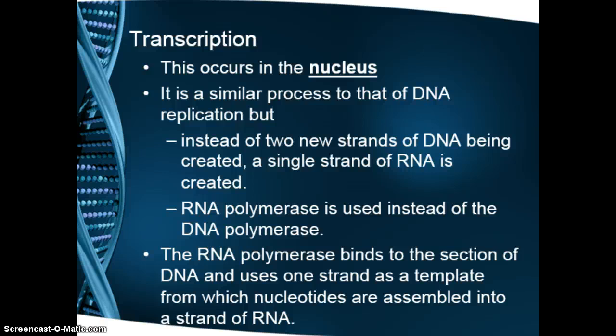We're trying to take this DNA and create our RNA. And instead of using the DNA polymerase that unzips the double helix, we have RNA polymerase. What this does is it binds to a section of DNA and uses one strand as a template from which the nucleotides are assembled into a strand of RNA.